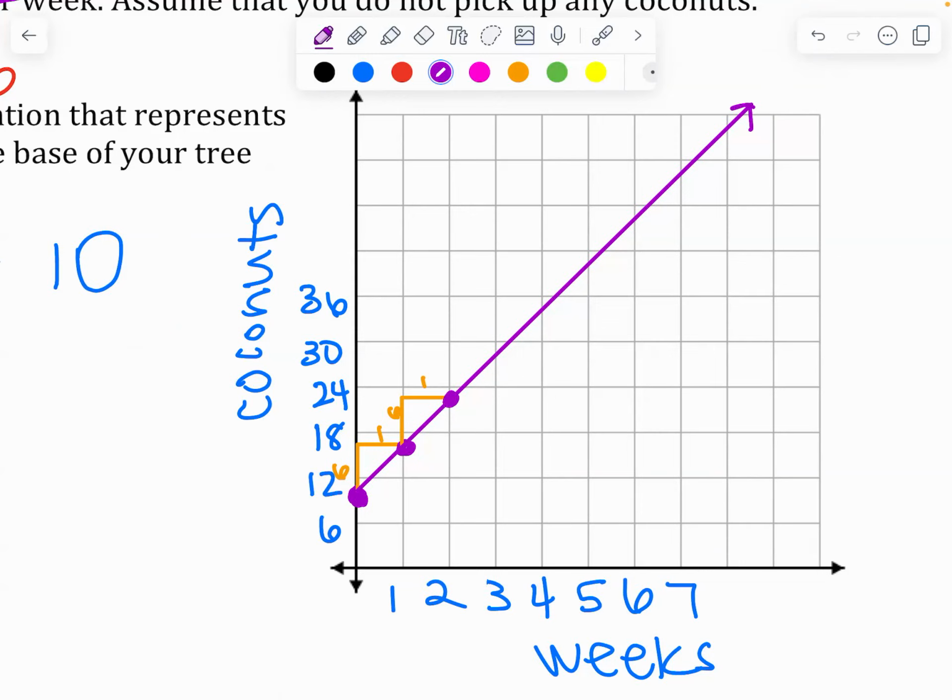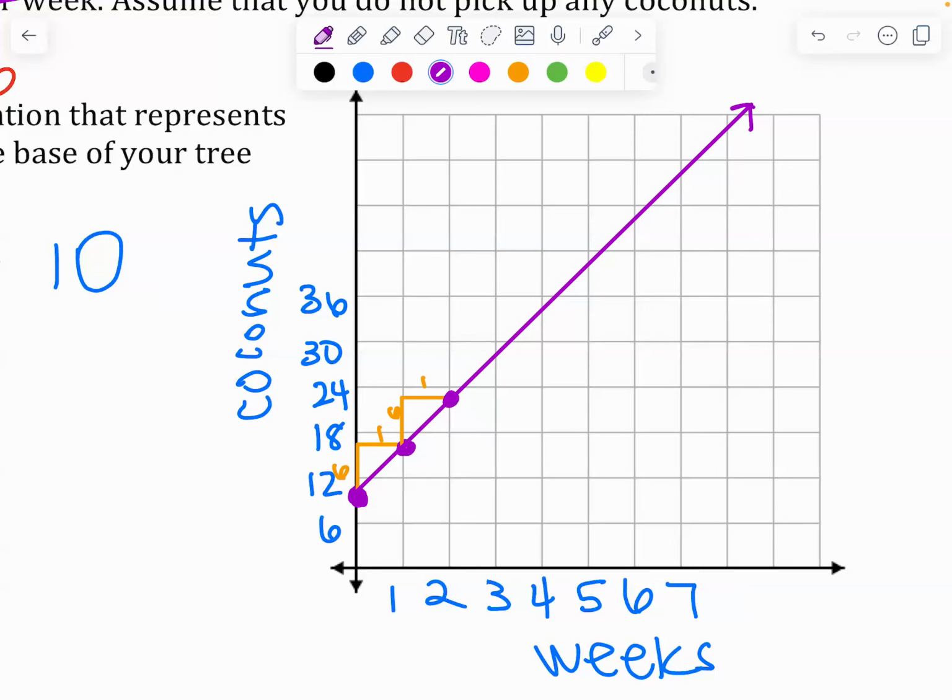Okay, so now we can see, like we can read this graph. Like, oh, hey, after like 6 weeks, I'm gonna have, well, that one. After like 4 weeks, I'm gonna have almost 36 coconuts. Maybe like 33, 34 coconuts on the ground, right?